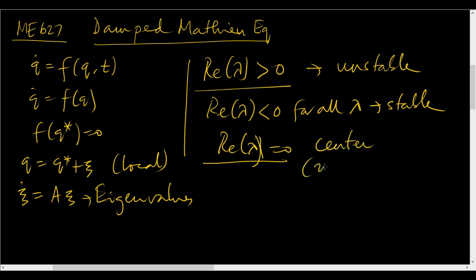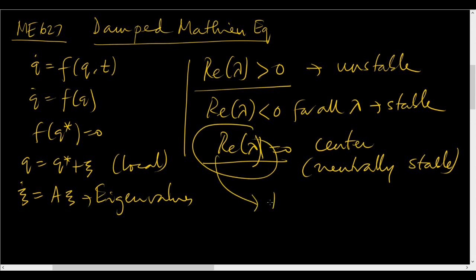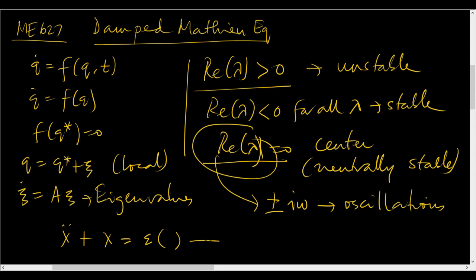Neutrally stable. When it is of the form plus minus i omega, this leads to oscillations, and that is why we went to x double dot plus x equals epsilon times something, as a perturbation of the harmonic oscillator.